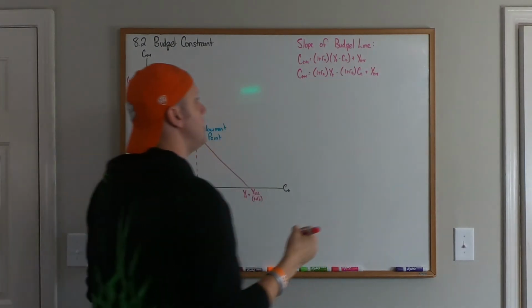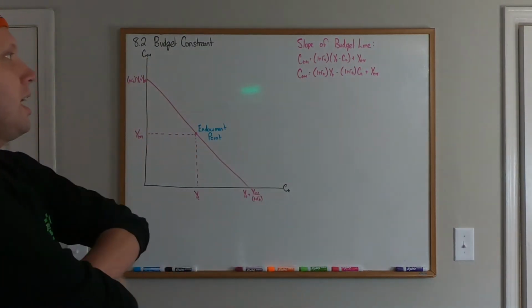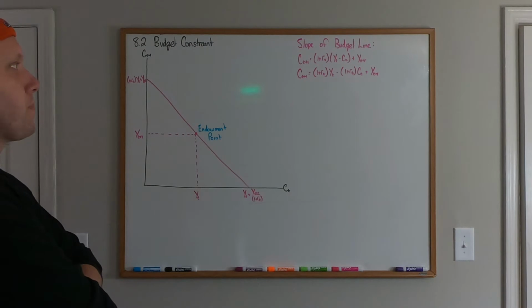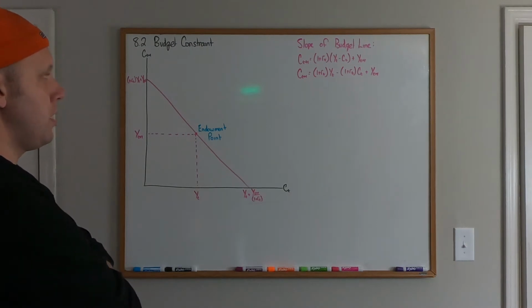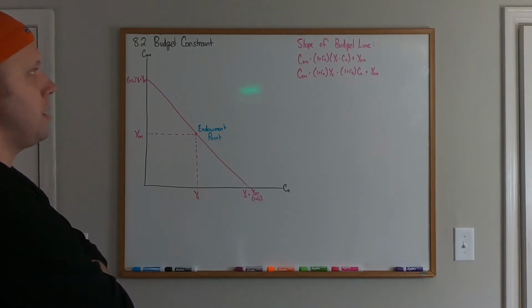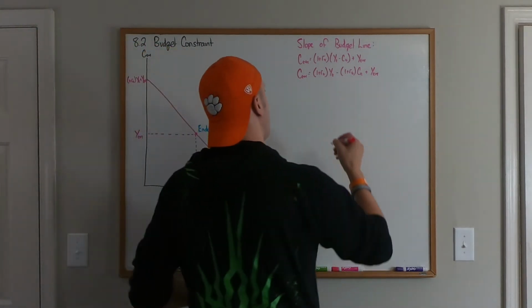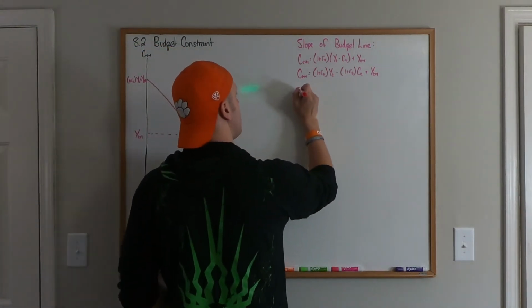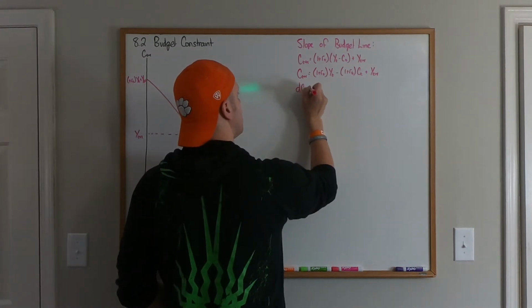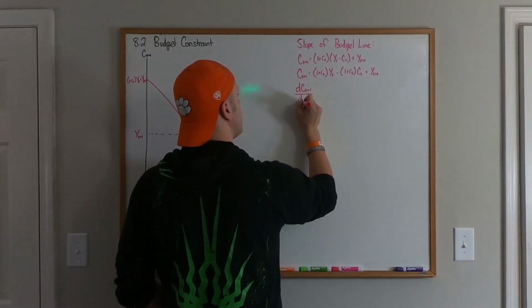This is a much easier way of looking at it when we want to differentiate. So ct plus 1 equals 1 plus r times yt minus 1 plus r times ct plus yt plus 1. And I want the derivative of ct plus 1 with respect to ct.